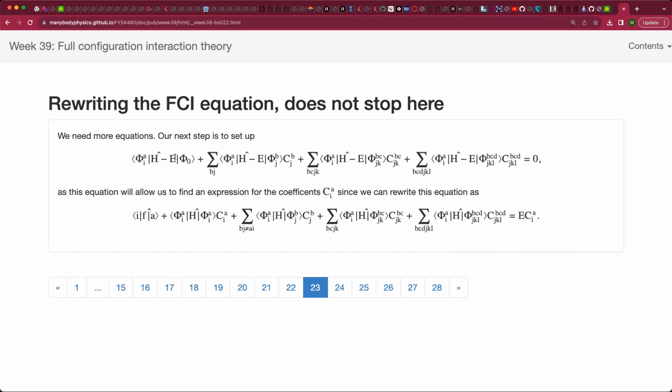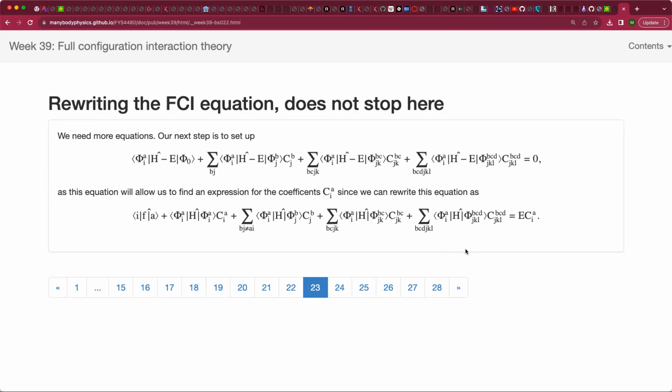When I go to the third row, where I multiply with a two-particle, two-hole state from the left, then I will get the coefficients C_i^a, one-particle, one-hole mixing, two-particle, two-hole mixing, three-particle, three-hole, and four-particle, four-hole mixing. So gradually I will bring in more and more coefficients row by row. And that will set up a set of equations which are coupled and are non-linear in the unknown coefficients.